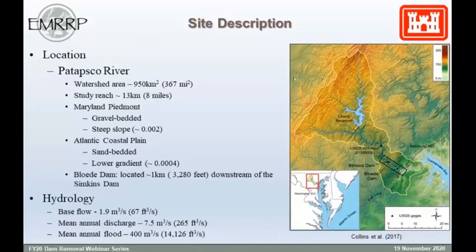So it's a lot longer than what I showed in the presentation. I just wanted to zoom in on the area closer to the dam. But it's about 8 miles long, and I forget exactly how far from the bay it was. Looking at the picture, maybe you can get an idea.